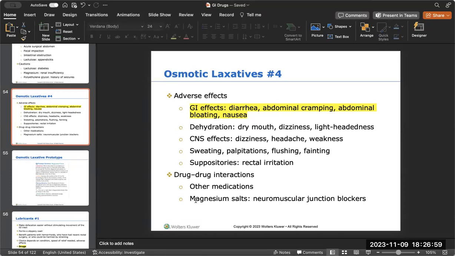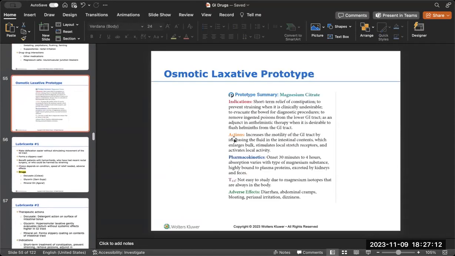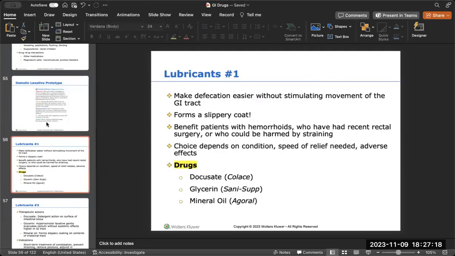Drug-drug interactions for those magnesium salts are that they could affect neuromuscular junction blockers, but I don't think they'll ask you that yet because you haven't learned about those drugs yet. This is just an example of the prototype osmotic laxative, pretty much everything we spoke about already.